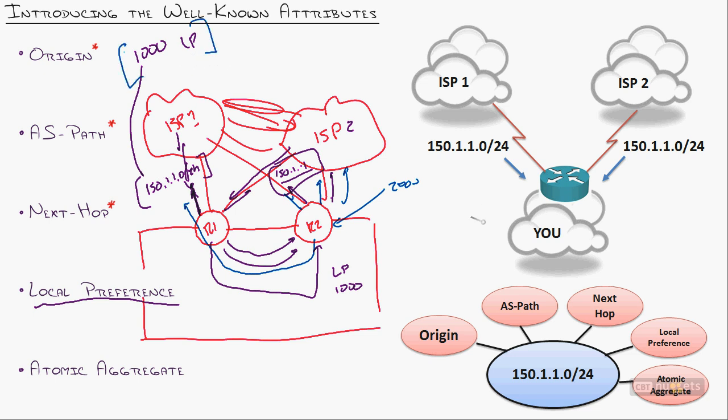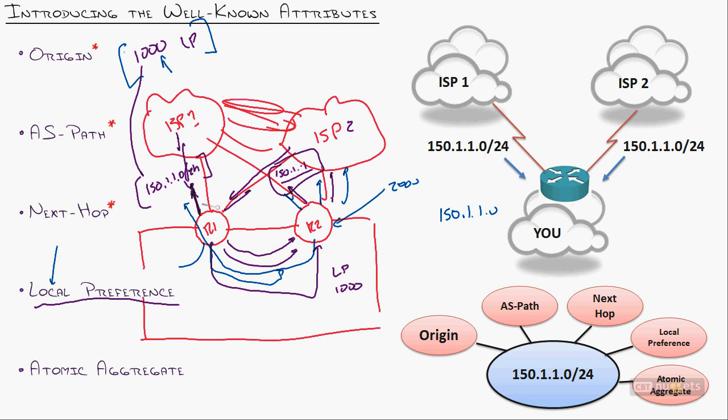Essentially, we get three baseball trading cards for 150.1.1.0, and router 1 just says, I've got the one in mint condition because I've got 1,000 local preference, and he tells all of his internal friends about that. Internal local friends, right?